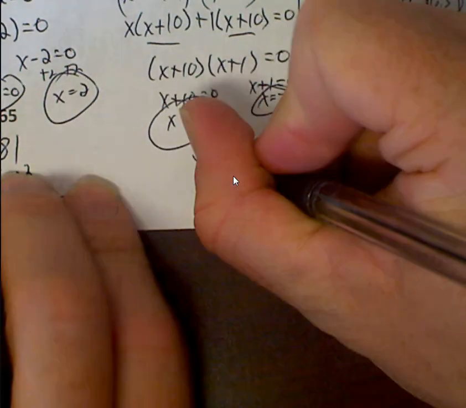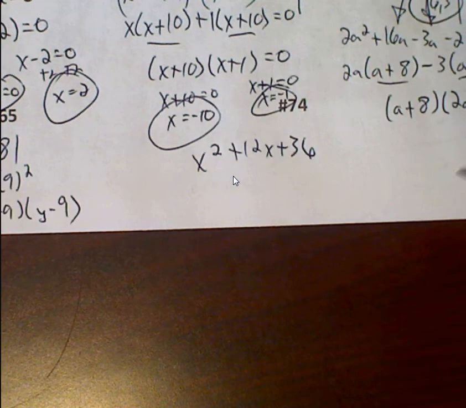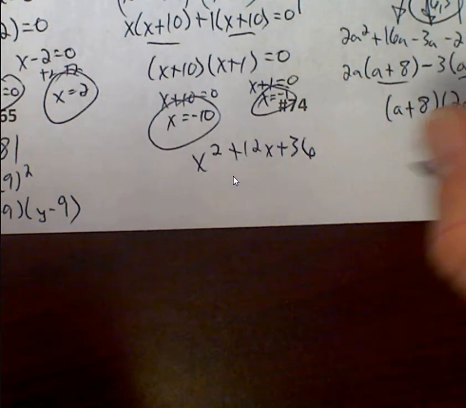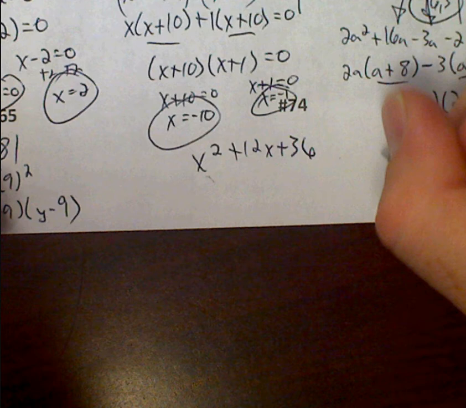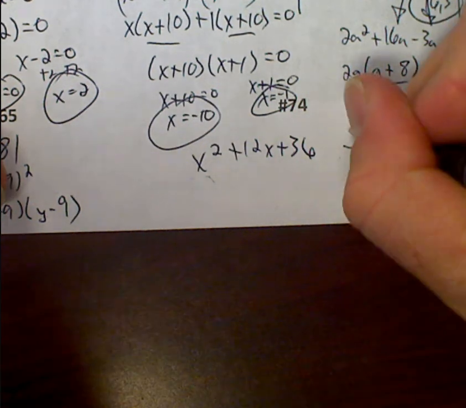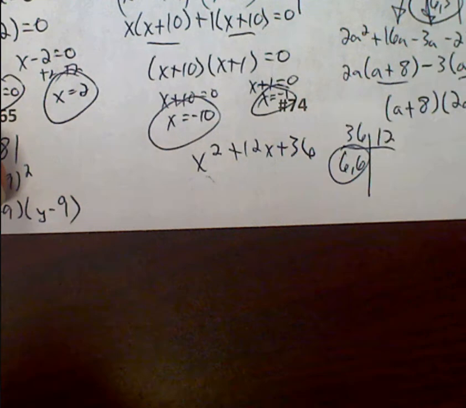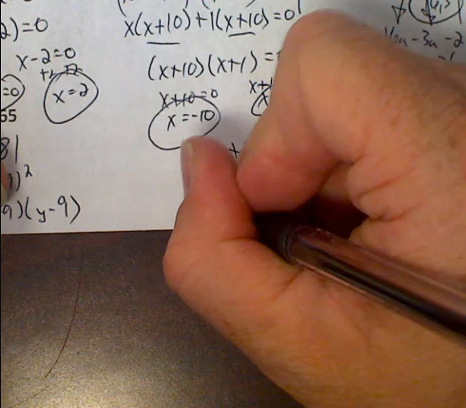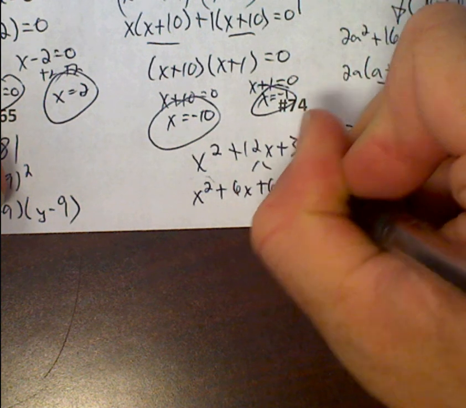I got x squared plus 12x plus 36. Here we go. Trinomial, I can't take anything out. I got to use a t-chart. 1 times 36 is 36, added 12. 6 and 6 will work. Break this down. X squared plus 6x plus 6x plus 36.